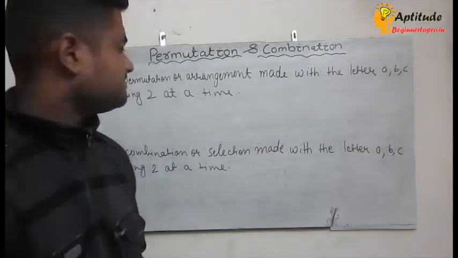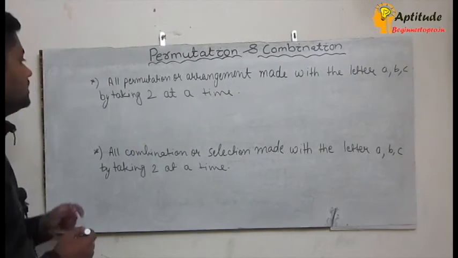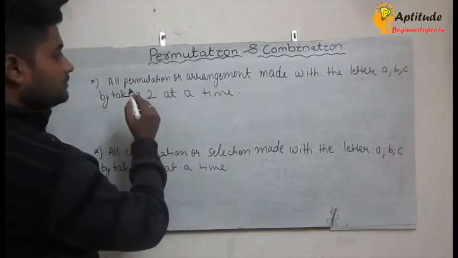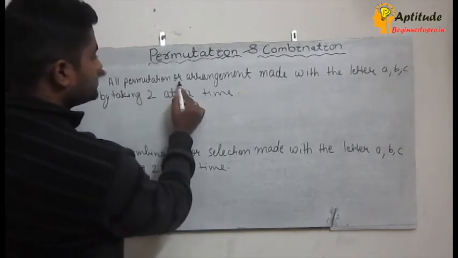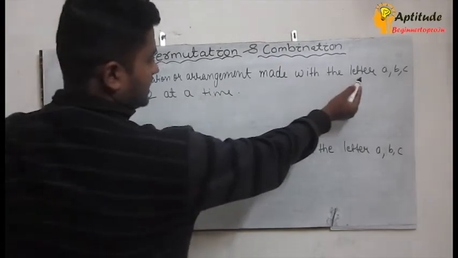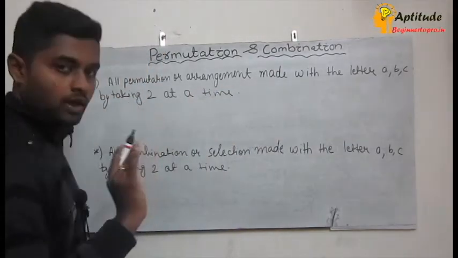Okay, now we will see some concepts. The concept is that we need to find all permutations or arrangements made with the letters ABC by taking 2 at a time.